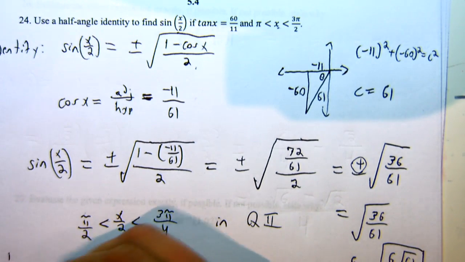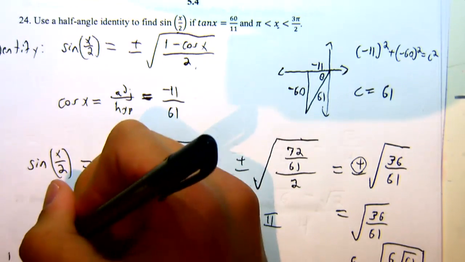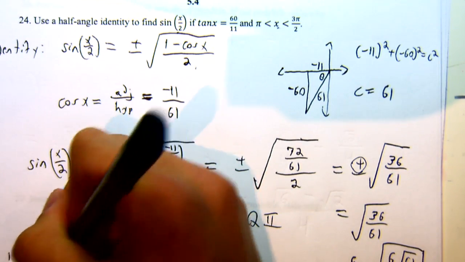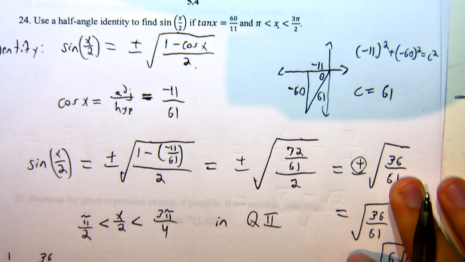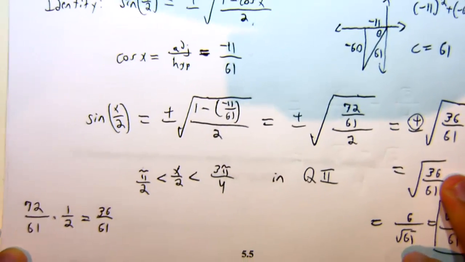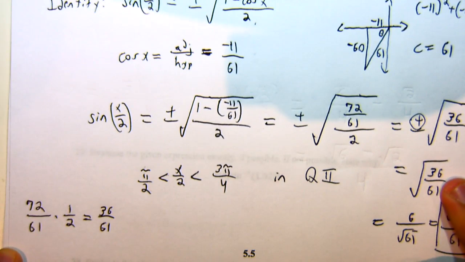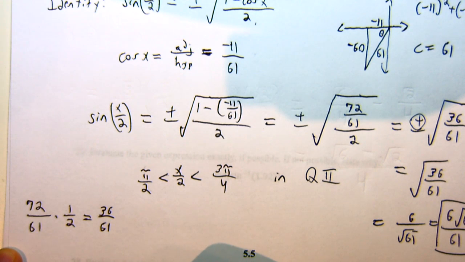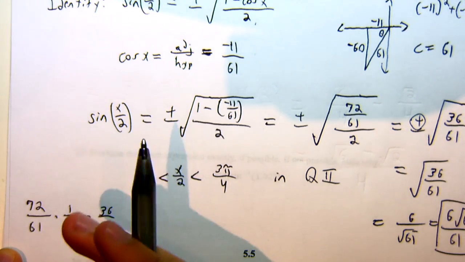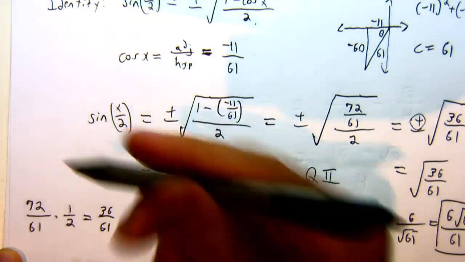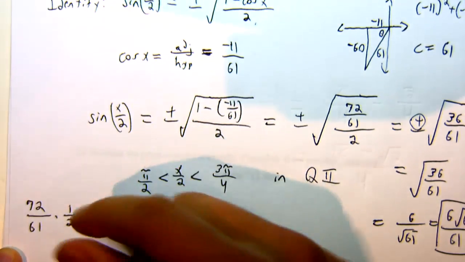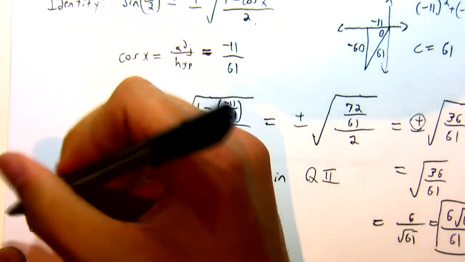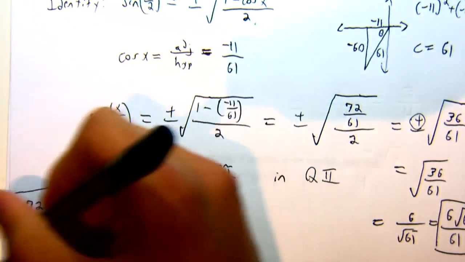And then 72 divided by 2 ends up being 36 over 61. Oh yeah, sorry, couldn't see it. Does that make sense? Are you still confused about that, or you got it? Okay, good. So this is just like a little side note.